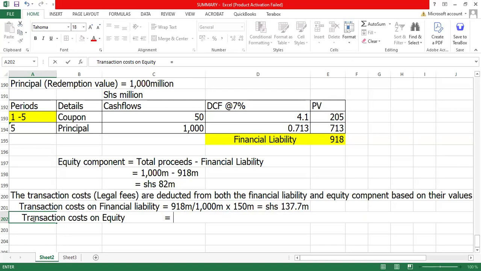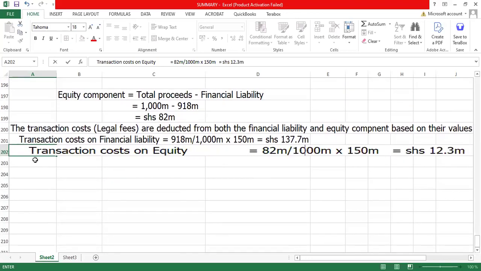The equity amount is 82 million divided by the total 1,000 million, then times 150, which is equal to shillings how much? 82 divided by 1,000 times 150 is 12.3 million. If you add these two, you must get 150. Here you must get 150.